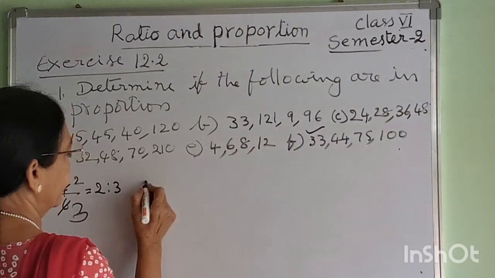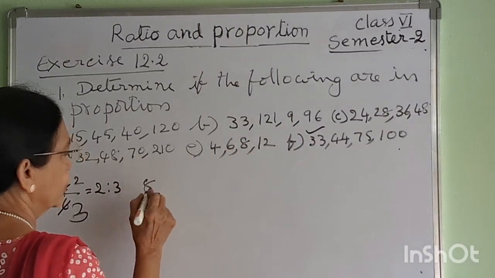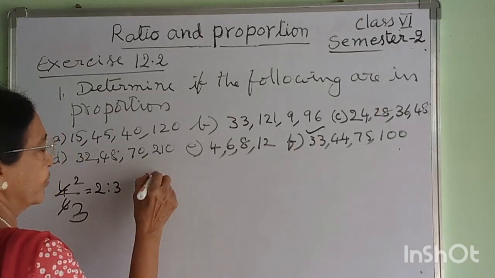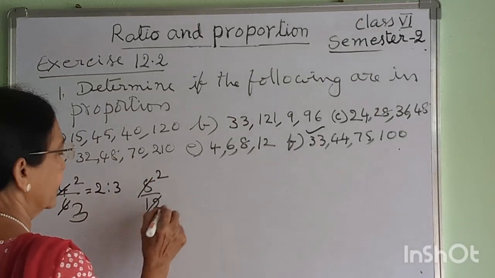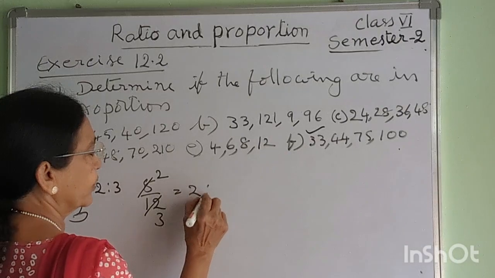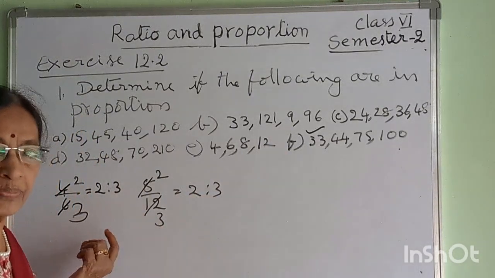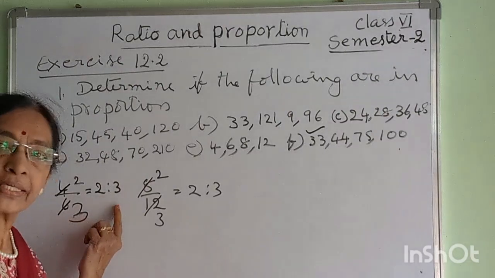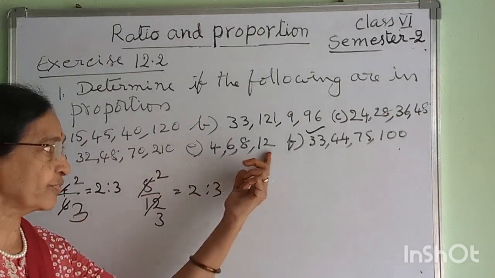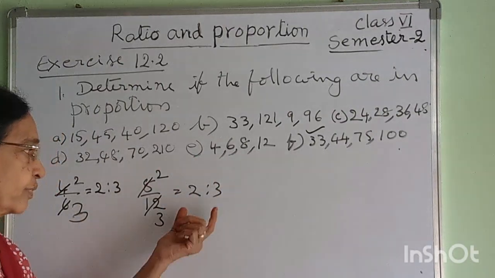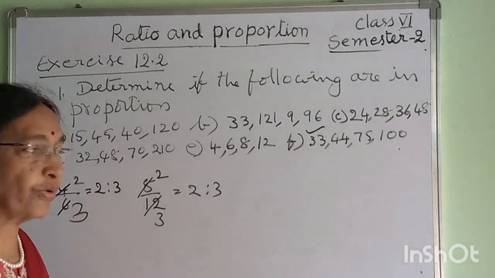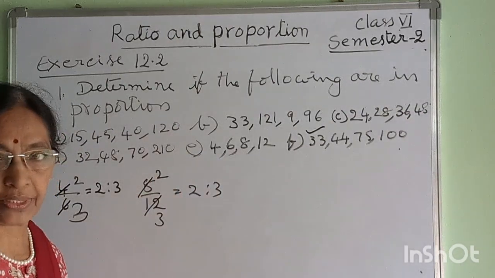And 8 by 12. Both are divisible by 4. 4 2s are 8, 4 3s are 12. This is equal to 2:3. Therefore both the ratios are equal. The ratio of the first 2 terms is 2:3 and the ratio of the second 2 terms is also 2:3. Therefore the 4 are in proportion.